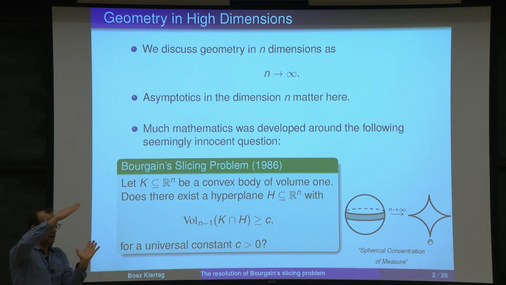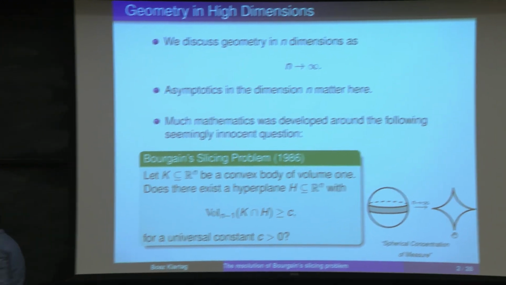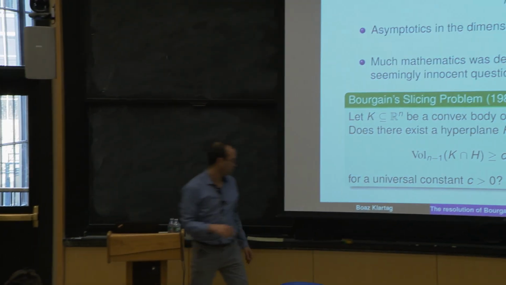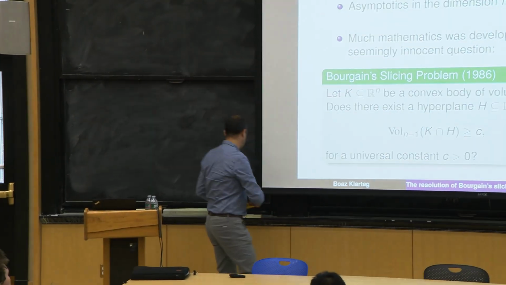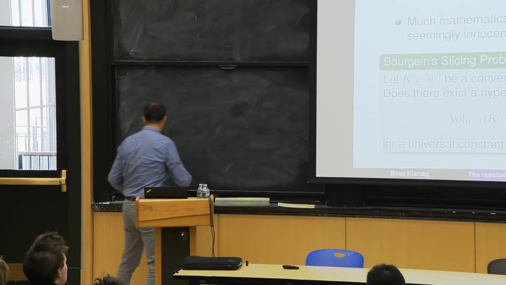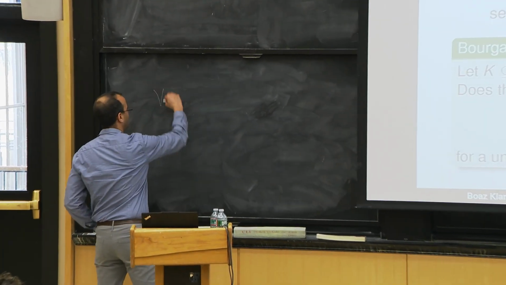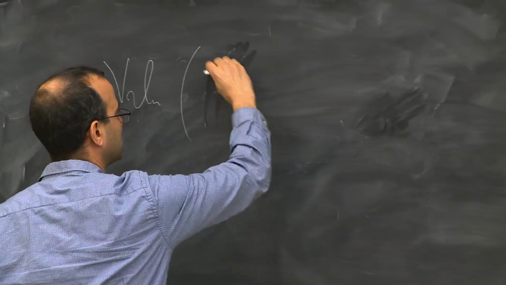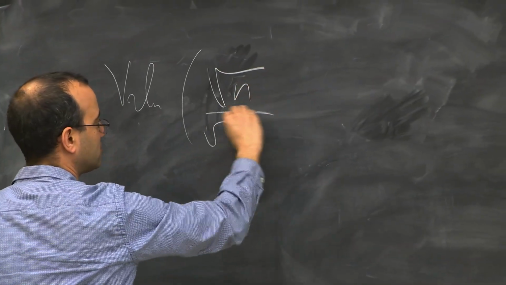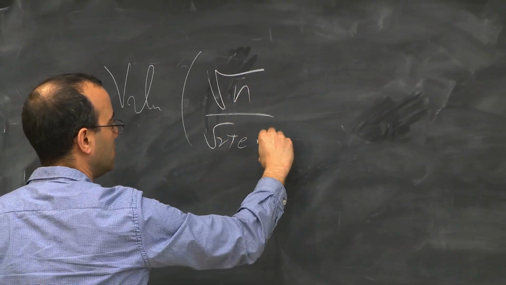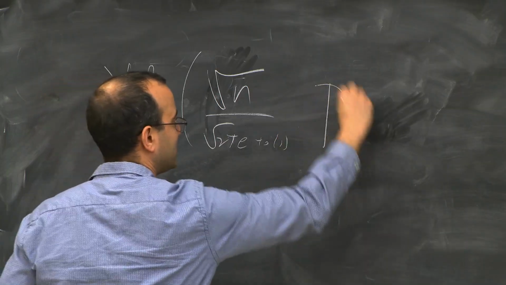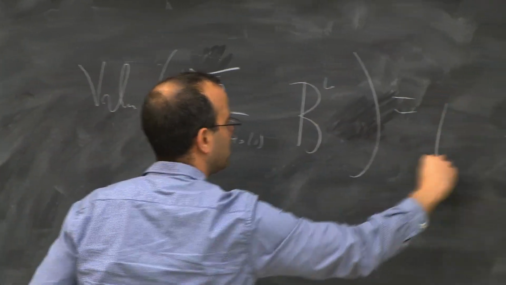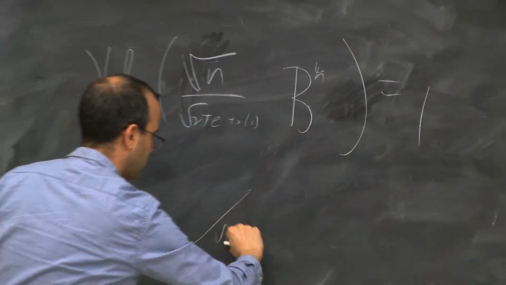Maybe I should write it down. The volume of the unit ball is very small, and if I scale it by square root of n times some small constant, then it has volume 1. So you should remember this thing: a ball of volume 1 has radius of order root of n.